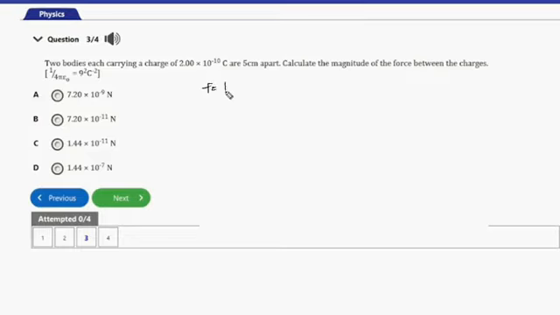F is equal to K times Q1 Q2, that's 2.0 times 10 to the power of negative 10, squared since Q1 and Q2 are the same. This will be over 5 cm, and 5 cm is 0.05, squared at the denominator.